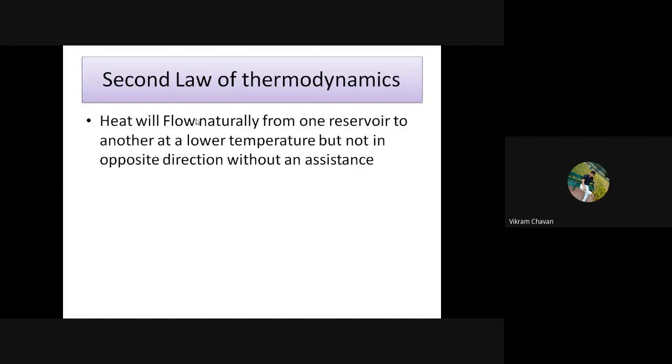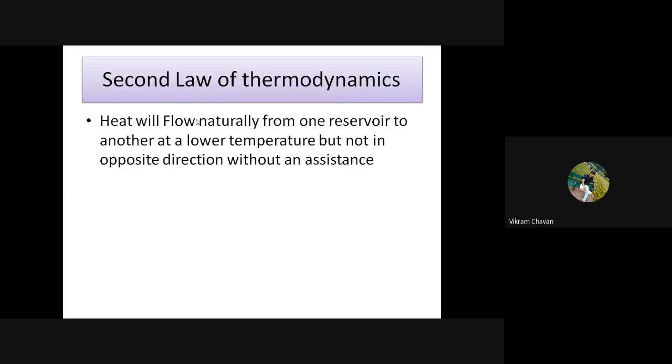So basically, naturally, heat is transferred from the high temperature region to the low temperature region, or you can say from source to sink. And if you transfer heat from sink to source, or from a low temperature region to a high temperature region, in that case you require some external work agency, or some external work we need to perform on the system so that heat will transfer from sink to source.